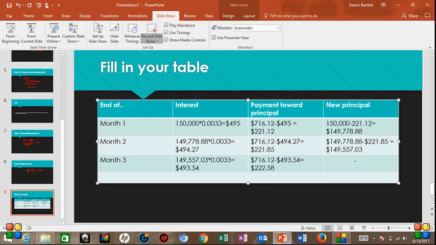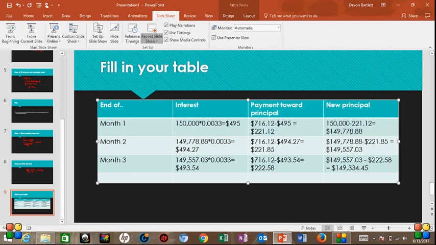So then you would have your $149,557.03. Subtract that by your $222.58, and that is equal to $149,334.45.